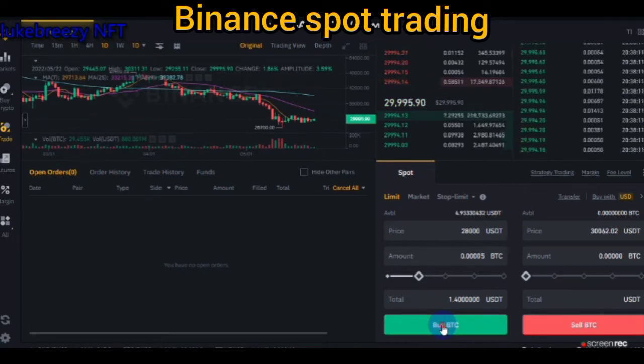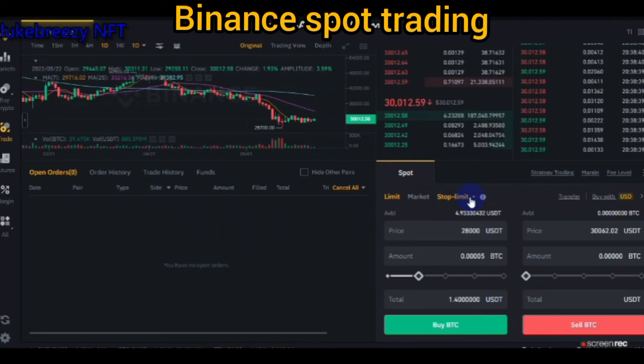And notice that once you click on buy, your buy limit order will appear here at this point. It will appear here waiting for that particular price that you set as a target. So once it reaches that target, it automatically buys in for you. That is the importance of the limit price.